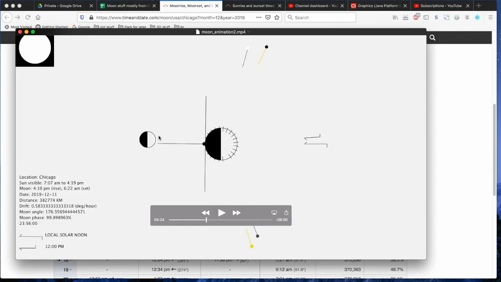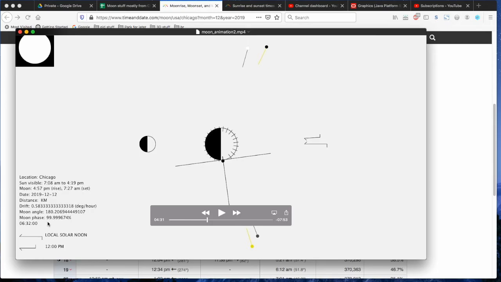The other thing I just want to point out, it may still be a problem with my animation. This is getting closer to midnight, and it's still 176 degrees, but it's 99.89. And if we go all the way to 100%, right there, it just flashed over.